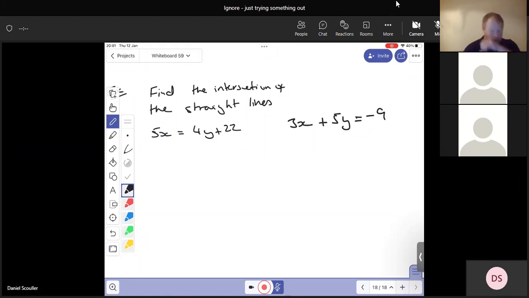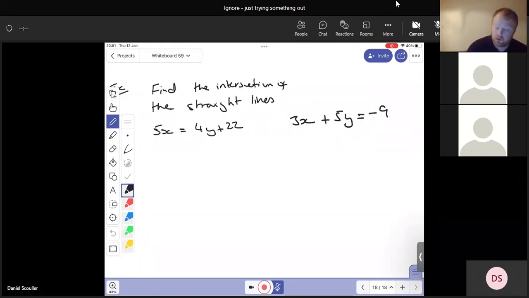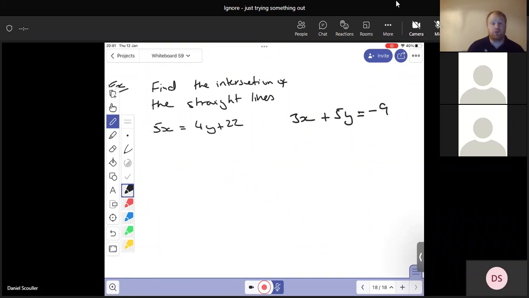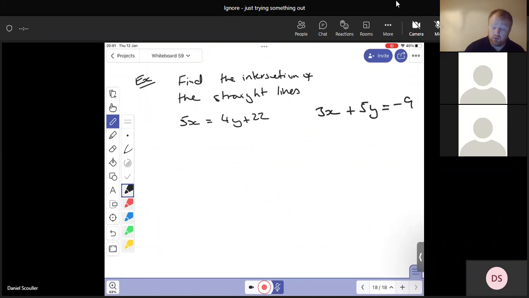Okay, nice one. So two equations there. Equations of straight line, we've seen them before. They're a wee bit of a more complex format, so we need to do a wee bit of rearranging for the first one, and then we'll put them on top of each other. Rearranging that first equation, 5x equals 4y plus 22, we want all the letter terms on the same side.